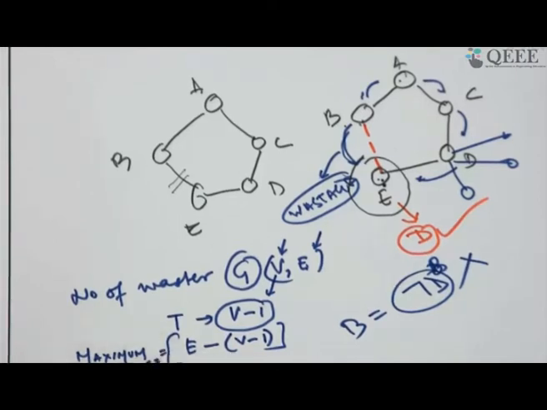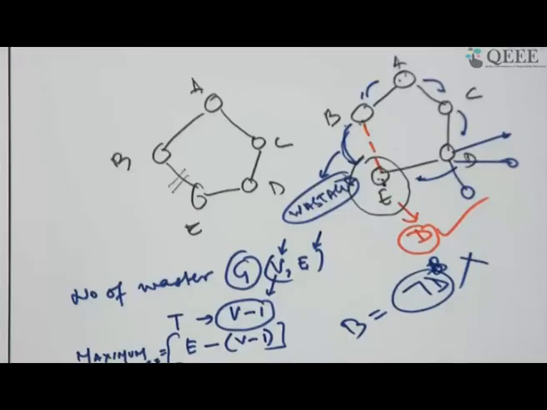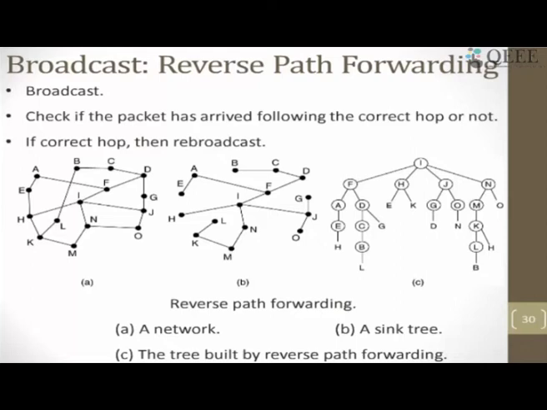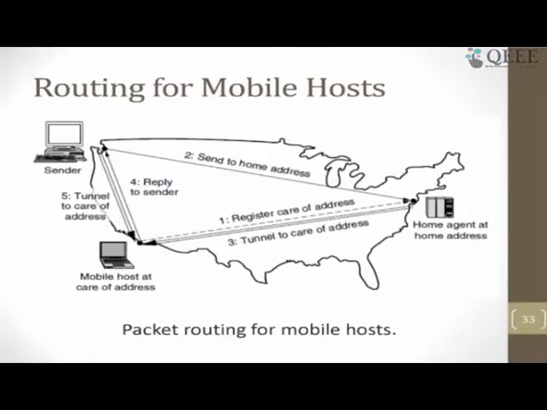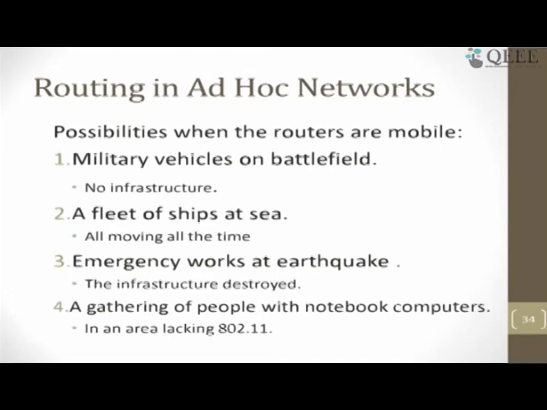So this is another way to do broadcasting, where you are optimizing on the wastage, seeing that there is not too much wastage. Fine. So broadcasting, I guess you have understood. With broadcasting, there is also multicasting, anycasting, and routing for mobile hosts; I am not going into these.